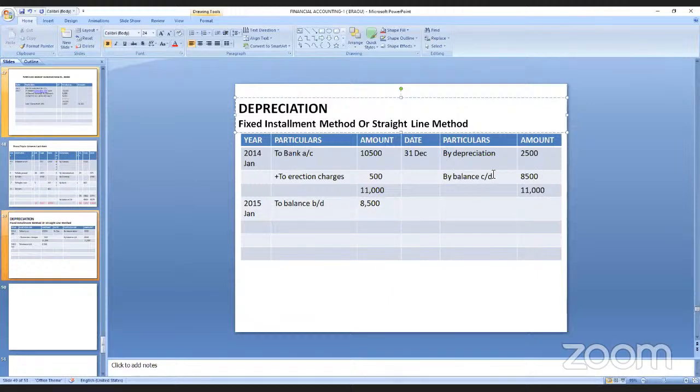Understood? So this is the closing balance. This is the opening balance. Whatever is the closing balance will become the opening balance for the next year.